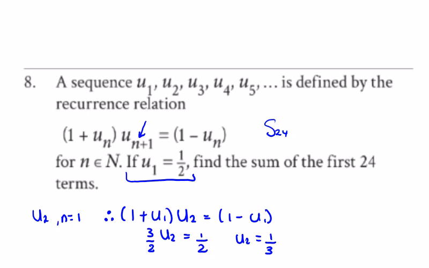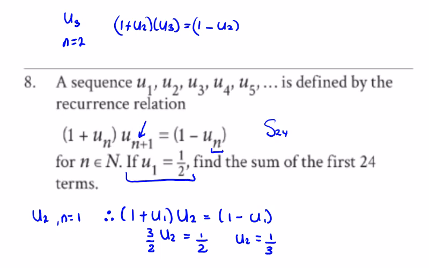Sorry, that's U2. U3 next. U3 is when n is equal to 2. So we're going to get (1 plus U2) times U3 is equal to 1 minus U2.